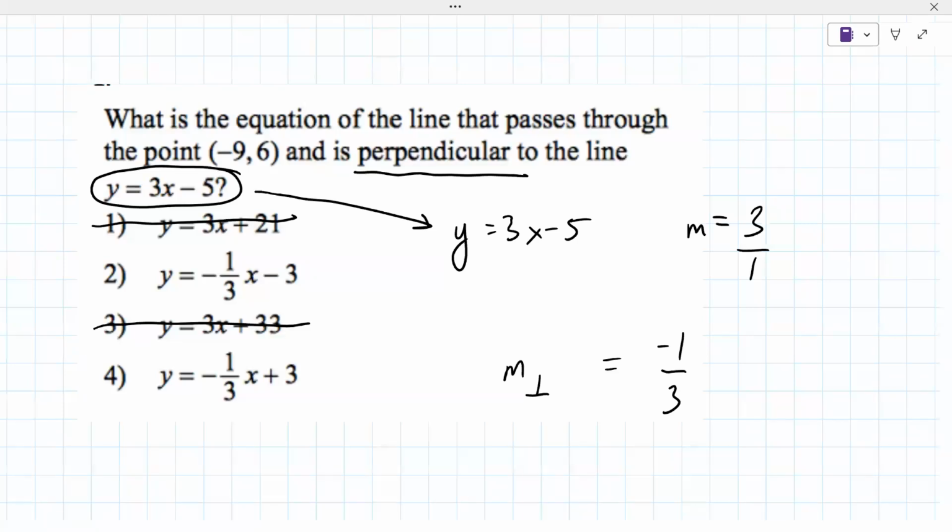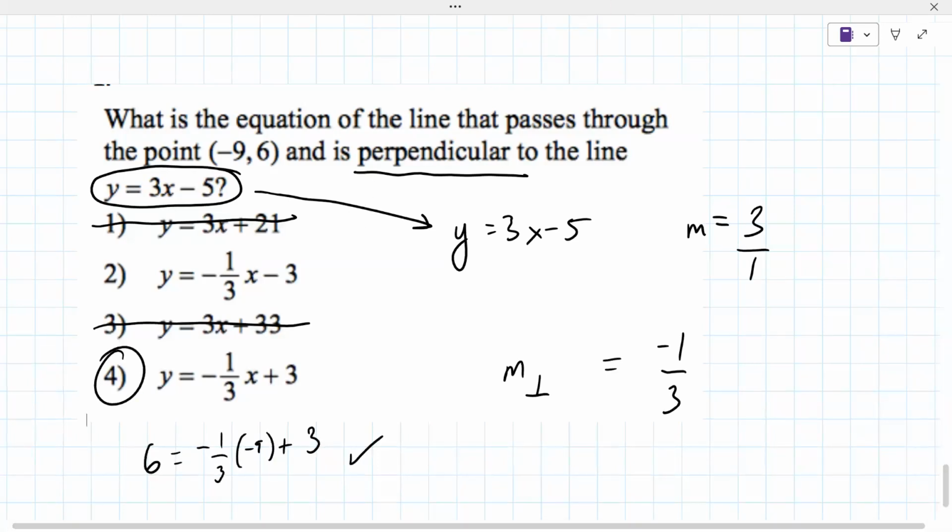Would it be 4? Did you try -9? Yeah. Okay, that does work. All right. Good job.